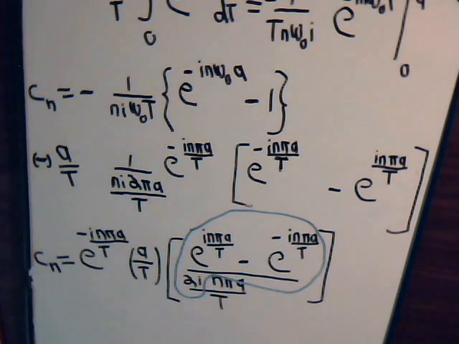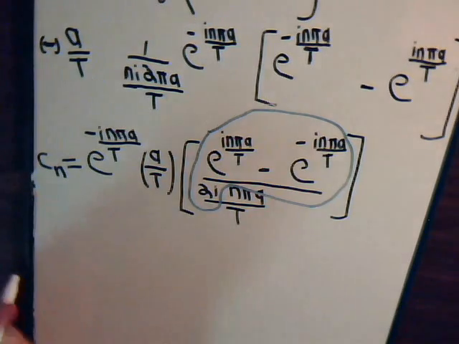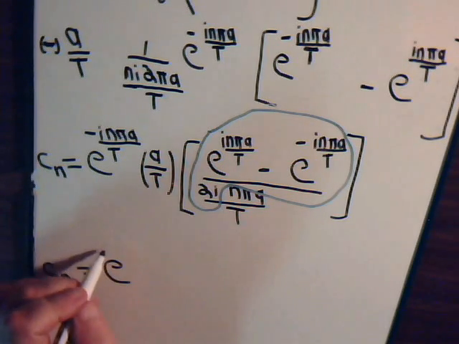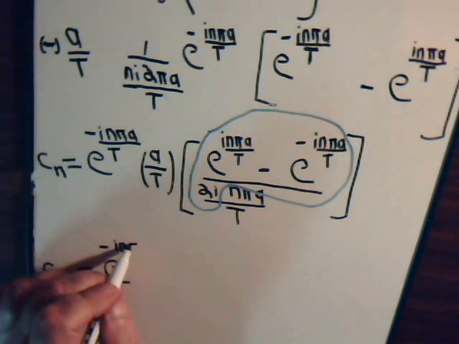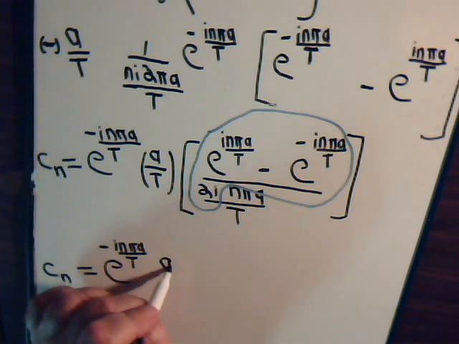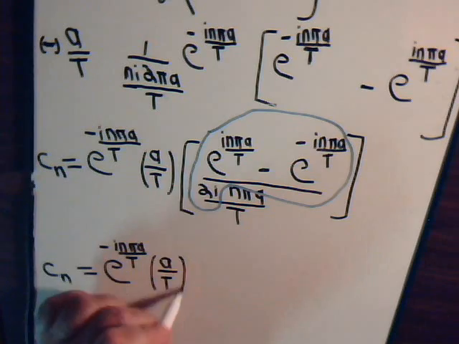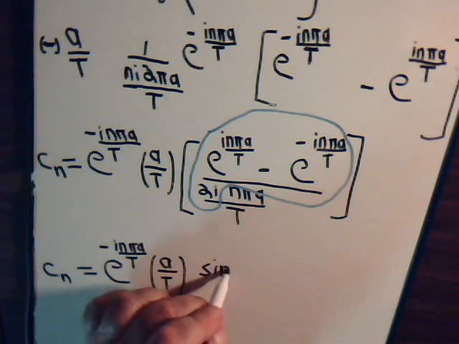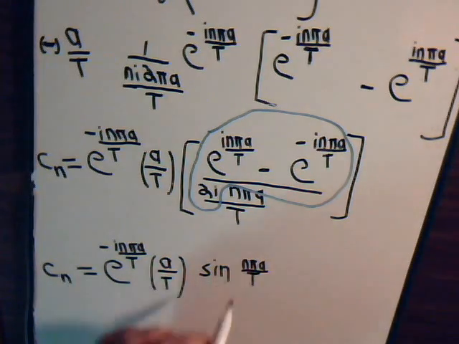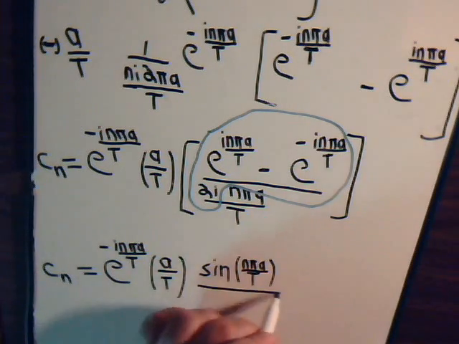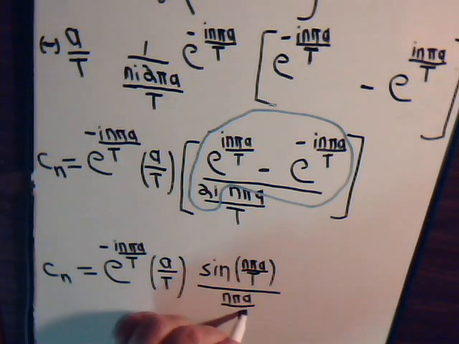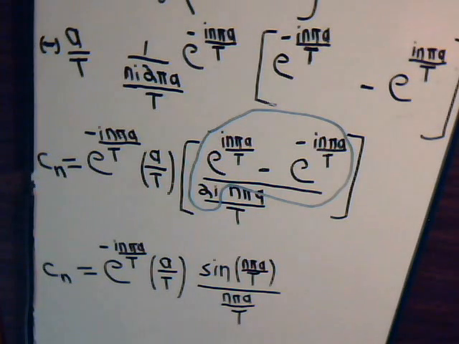So we have then that C sub n equals e to the minus i n pi a over capital T times a divided by capital T times the sine of n pi a over t divided by n pi a over t. And there is our expression for C sub n.